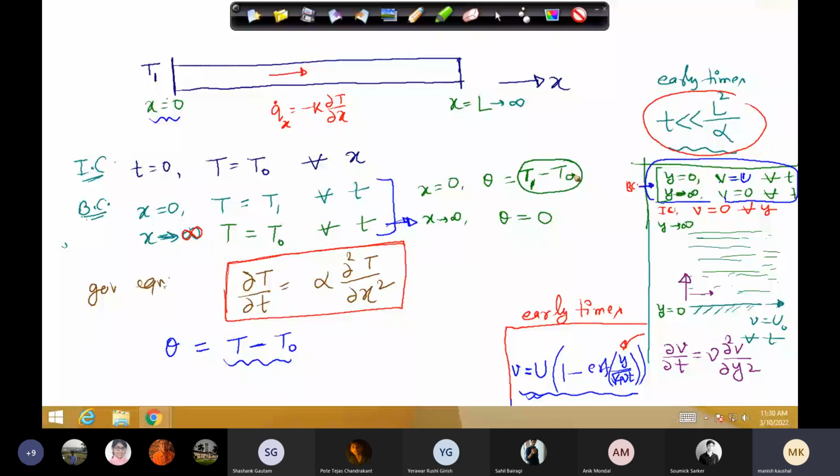Let's try to match this one. What will be the value of this initial condition? Anyone? Theta equals 0. T naught minus T naught is 0. So you just need to put these various values in place of T1. Now if I write it here, again, just to avoid any confusion, my governing equation is dou squared T by dou x squared equals dou T by dou t.